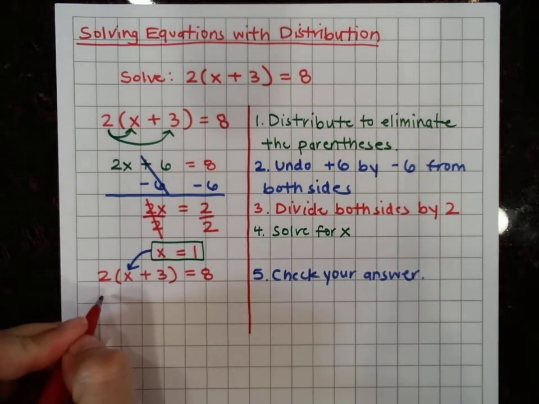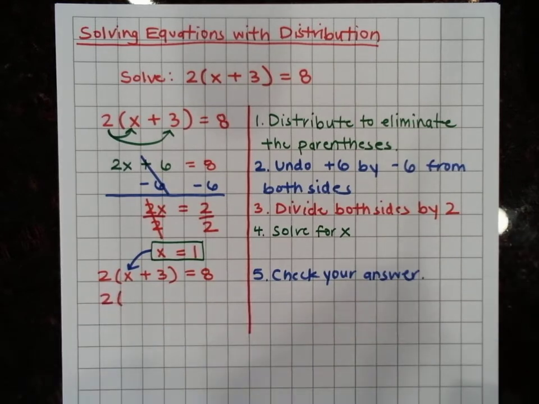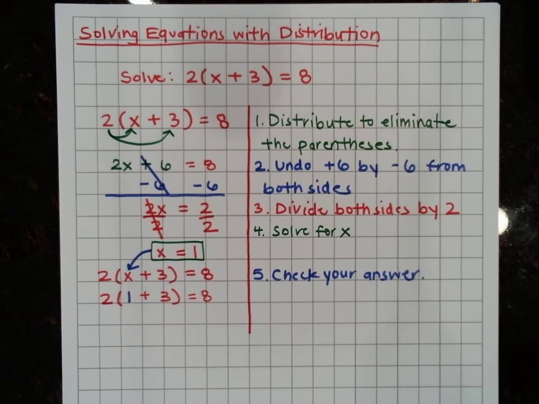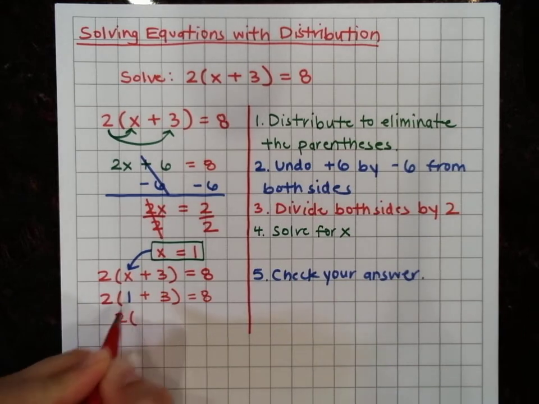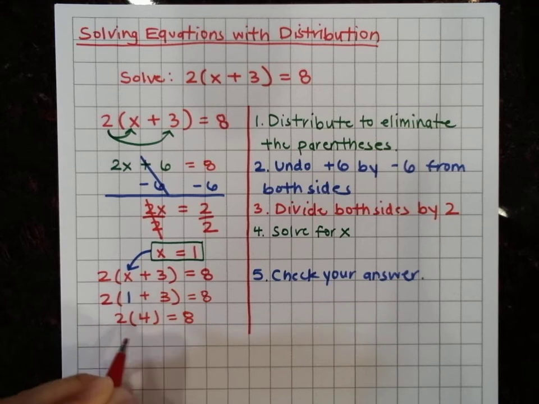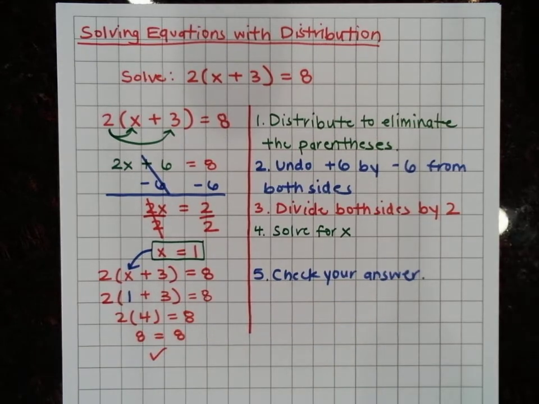So we have 2 times, but instead of x, we now know what x is. We think it's 1, if we solved correctly, plus 3 should equal 8. So now we just simplify: 2 times, we do our parentheses, 1 plus 3, which is 4. Does that equal 8? 2 times 4 is 8, and yes, 8 equals 8. So we know we solved correctly.